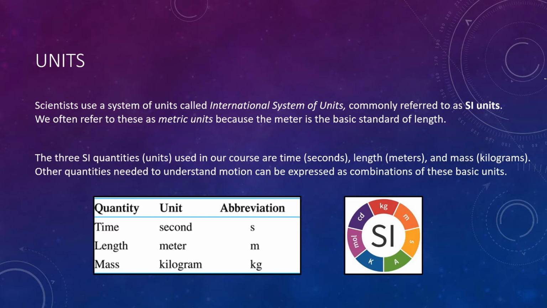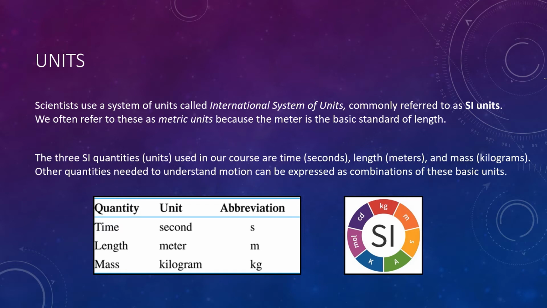When you talk about moles, you'll usually see the number 6 times 10 to the 23, but we won't get into that. And we have the candela, which is the base unit for the intensity of light. So those are the 7 base units, but again, in our class, for our purposes, we mostly ever just use 3: time, length, and mass.